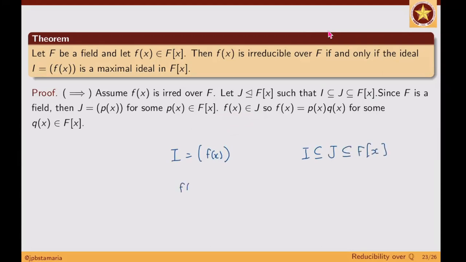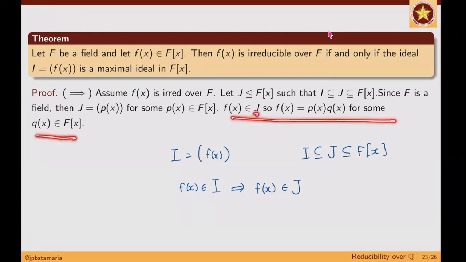So ibig sabihin nito, si f of x mismo ay nasa I, kasi generator niya yung I. Si I subset ng J. So that means si f of x ay nasa J. At kapag ikaw ay nasa J, ang mga polynomials na nasa J are multiples of P of X. So therefore, I can write f of x as a product of P of X with something else. That's what I mean by this part. Intindihan nyo? Kasi nga, laman ng J, mga multiples ng P of X, so it's of the form P of X times some Q of X.